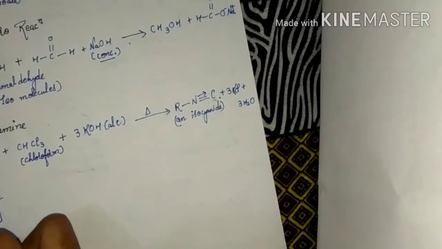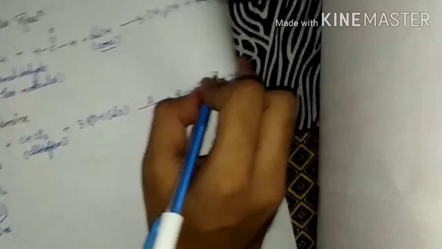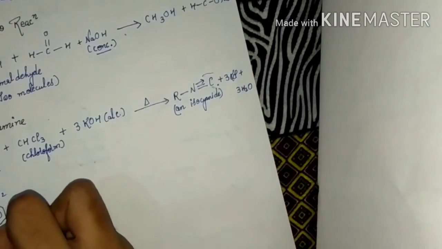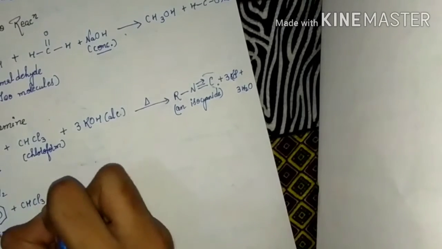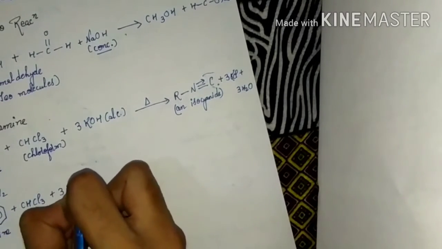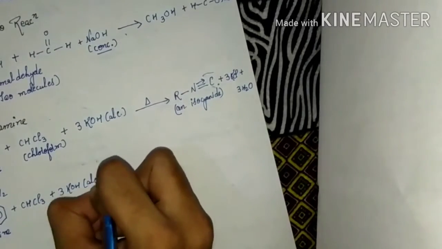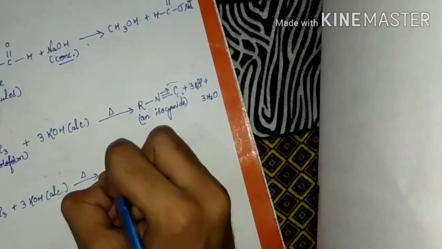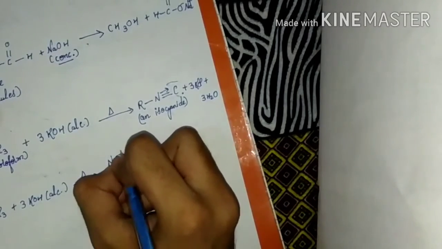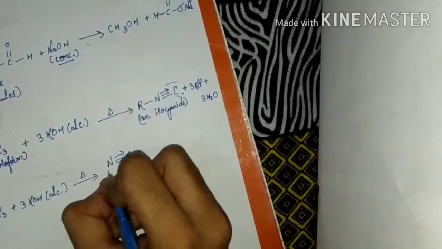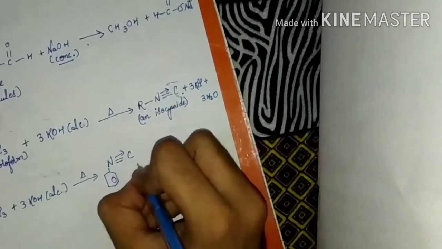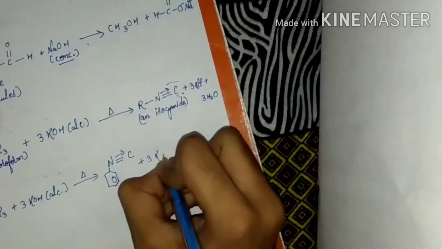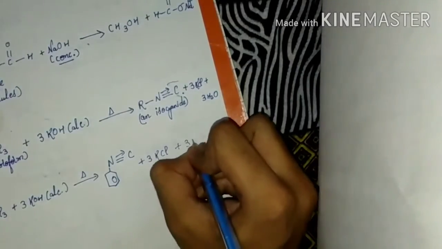Aniline plus chloroform plus 3KOH, alcoholic, heated to give phenyl isocyanide. How do we write phenyl isocyanide? Plus 3 molecules of KCl plus 3H2O.